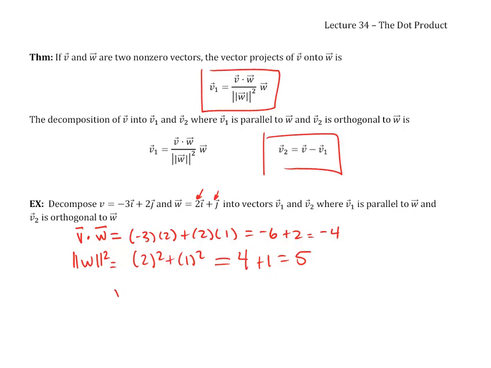So v1 is negative 4 from here, this formula, over 5 times w, 2i plus j, which is negative 8/5 i minus 4/5 j.